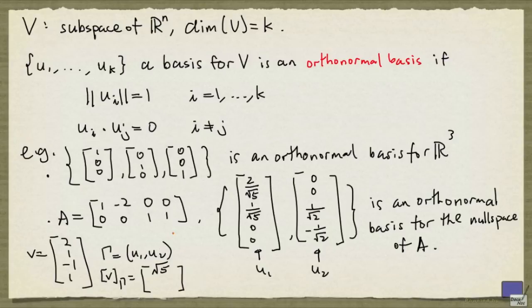And for the second component, we take u2 dot v, and it's going to be given by minus 1 over the square root of 2 minus 1 over the square root of 2, and so that's just minus 2 over the square root of 2, which is minus the square root of 2. And you can check that v is given by the square root of 5 times u1 minus the square root of 2 times u2.